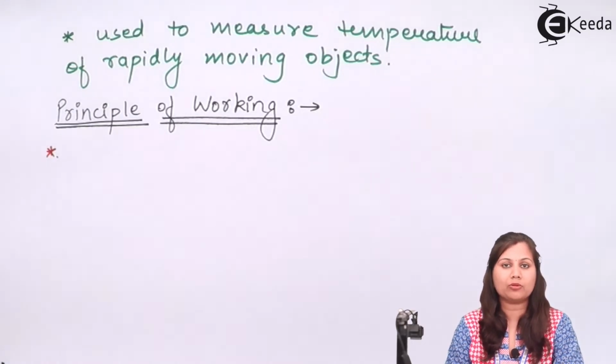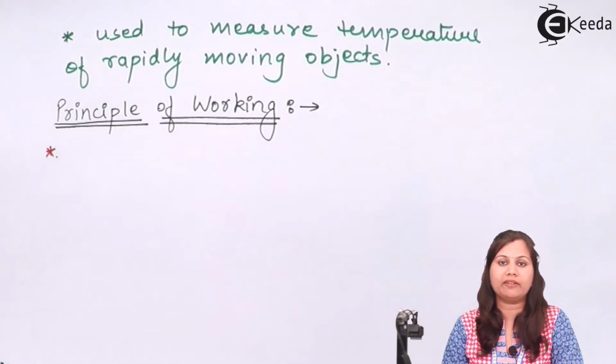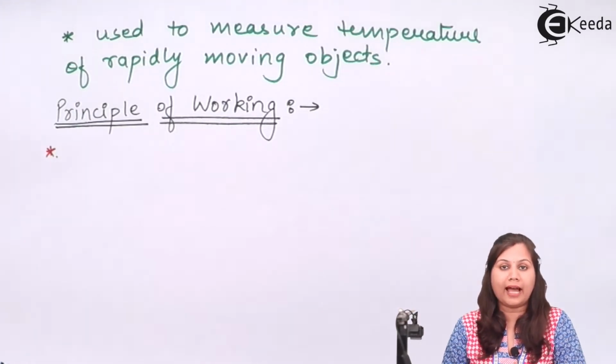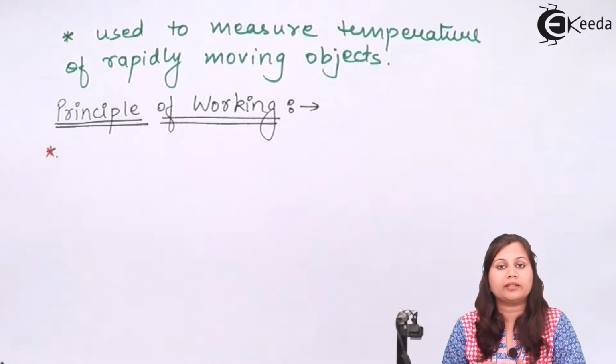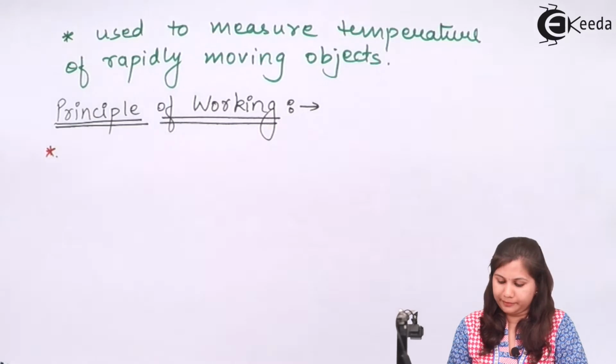Some amount of heat or energy is being emitted by an object whenever it is heated, and that concept is used by the radiation pyrometers. The radiation pyrometers measure the energy or the heat emitted or reflected by a hot object.